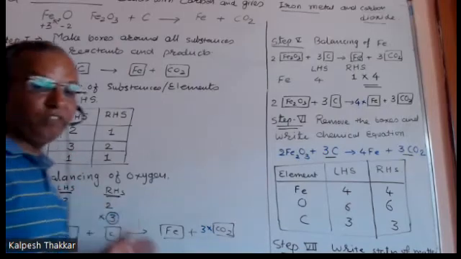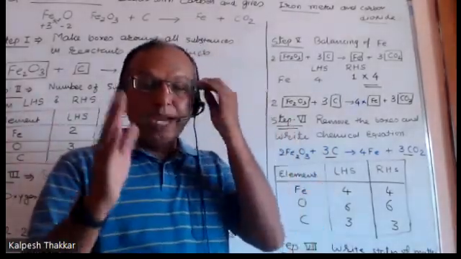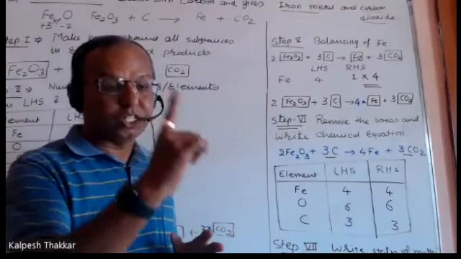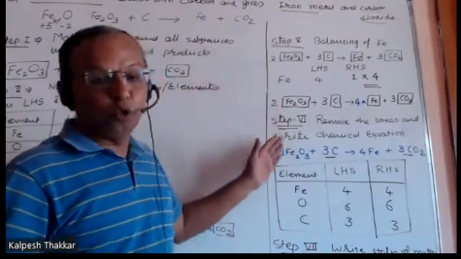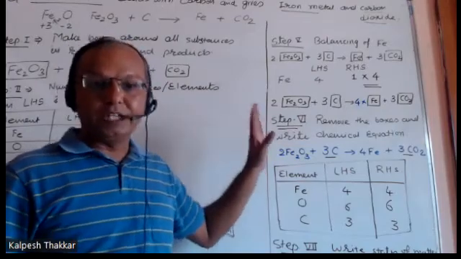Then after third, fourth, and fifth, as per the required number of elements, we have to balance each element in one step. And finally, we have to remove the boxes, and we find all the elements are balanced.